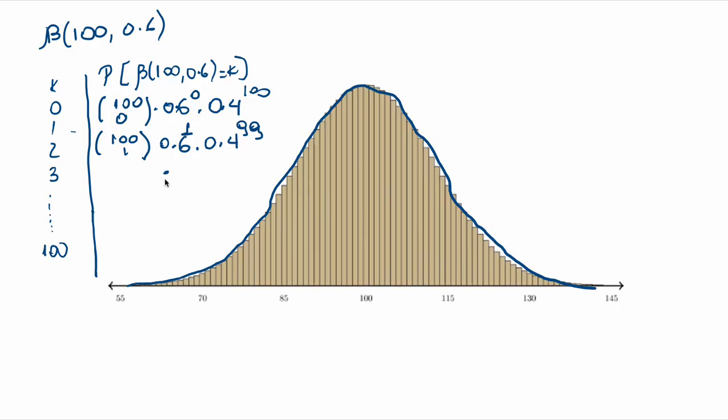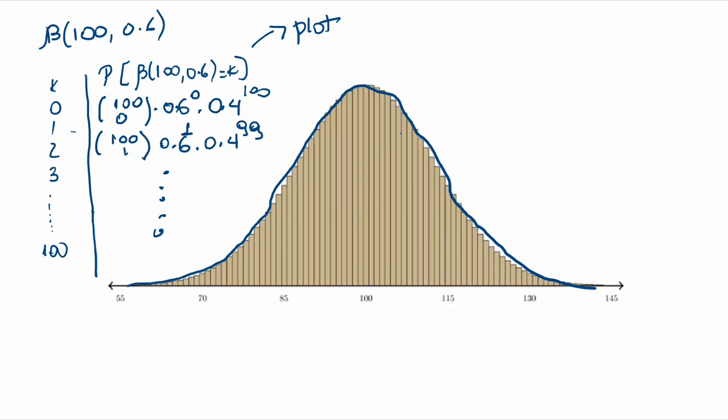Okay? So if you plot this, the more trials you make, the closer you get to a normal distribution. It could be tossing a coin. It could be doing a pregnancy test.